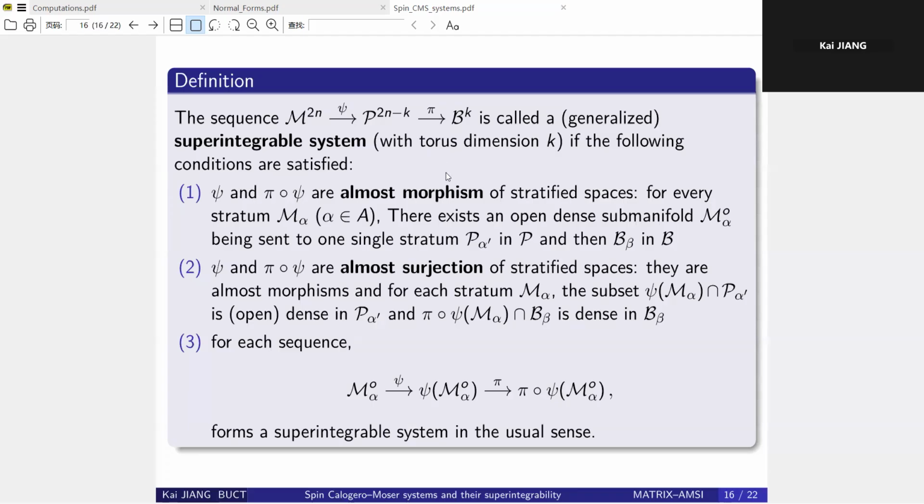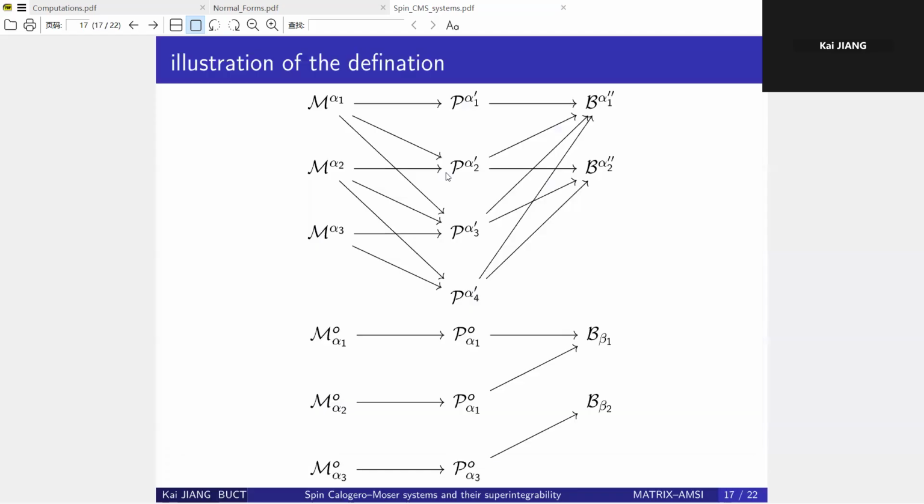This definition is complicated, but this illustration is clear. Although we have this C pi, the arrows are quite complicated, but we can always find an open dense subset on each stratum. For example, here we use this O to denote the open dense subset of this M alpha.